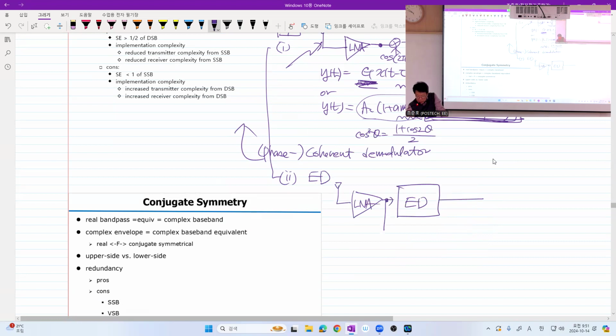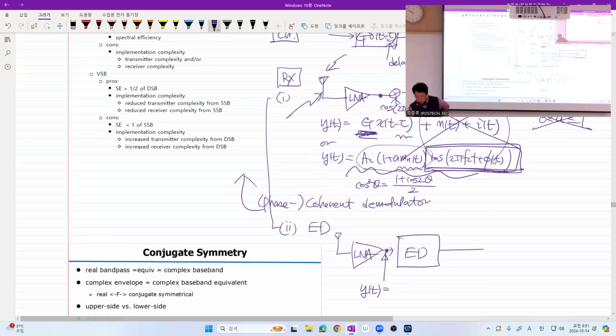So here goes the envelope detector. And let's take a look at this signal again. So we assumed this is y of t. And what is this one? It is the real part of something. And this is too obvious because cosine is e to the j something.